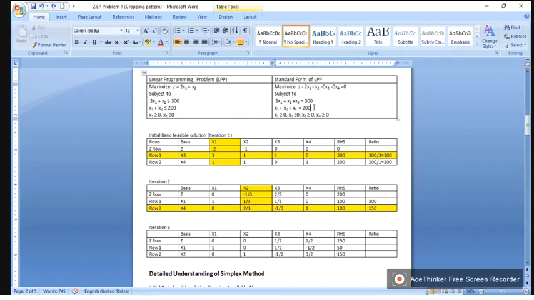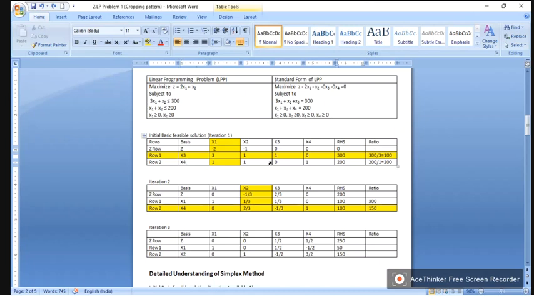Is it right? Yes, sir. Okay. So we say that the basic variables are x3 and x4, because they take some non-negative value. x3 takes 300, x4 takes 200.